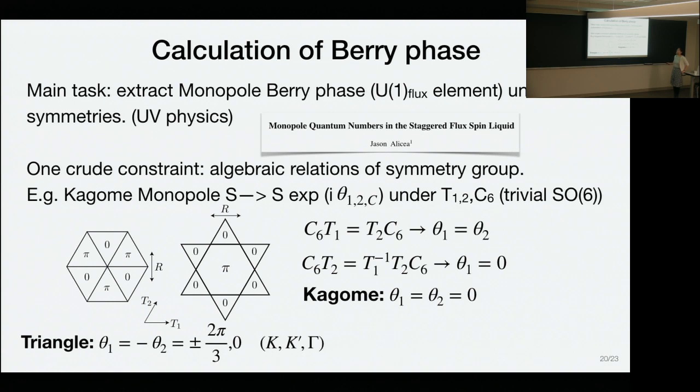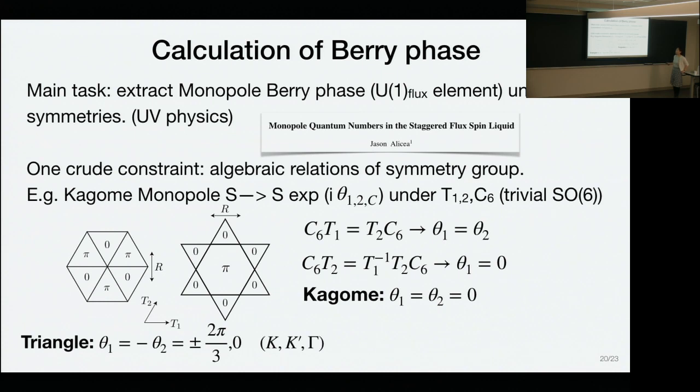We find a spin triplet monopole. So under translation and rotation, they stay invariant up to such a Berry phase. And by playing with these algebraic relations, it's enough to constrain the Berry phase upon translation to be exactly zero.